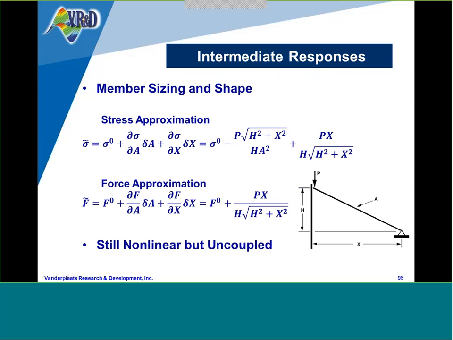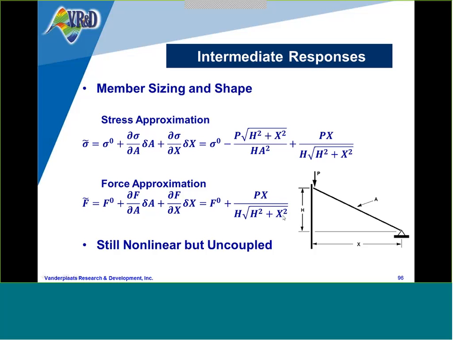Well, imagine now we have a simple beam rod against the wall with the load. The design variables are the area and the horizontal location of the support X. If you approximate the stress, you can see that the X's and A's are all over the place. It's very highly nonlinear. If you approximate the force, it's still nonlinear.